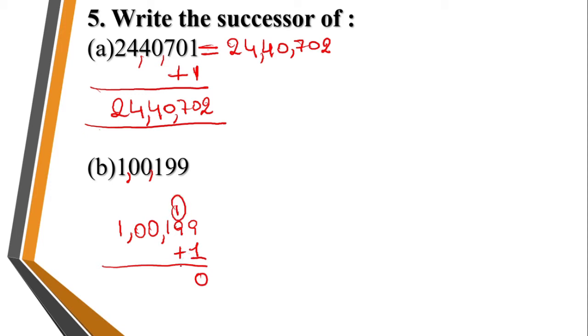And again 1 plus 9 is 10, so 0, 1 carry over. And 1 plus 1 is 2 and 1 0 0 will come as this. So we will get our answer as 1,200,000. So 1,200,000 is our successor for 1,199,000.